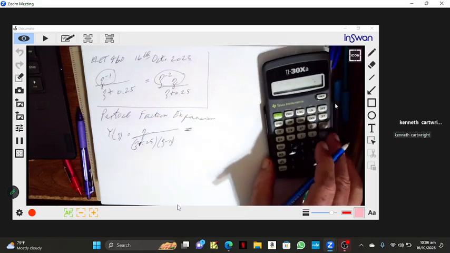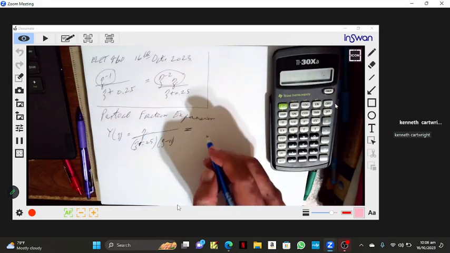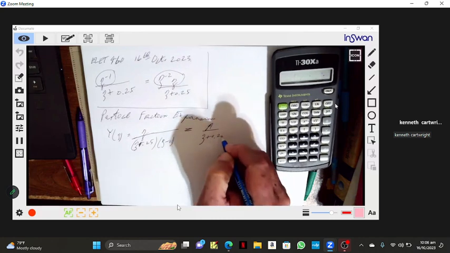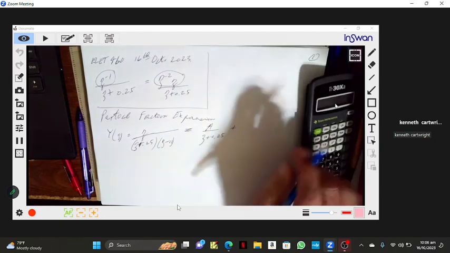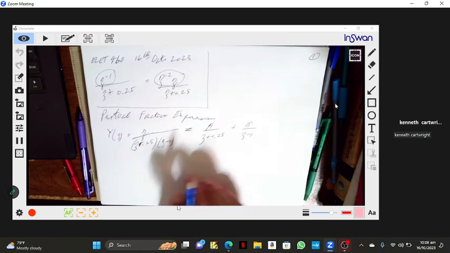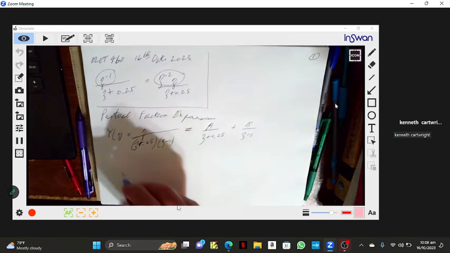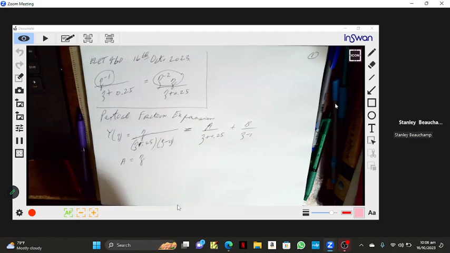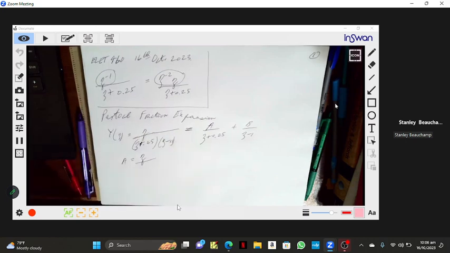Okay. So this could be written as A over z plus 0.25 plus B over z minus 1. What is A equal to? That should be z over z minus 1.